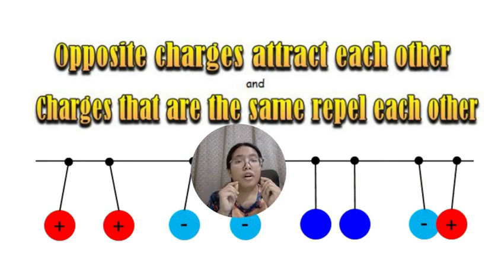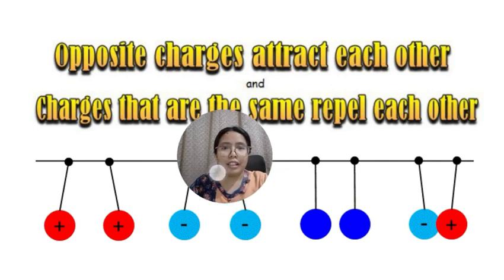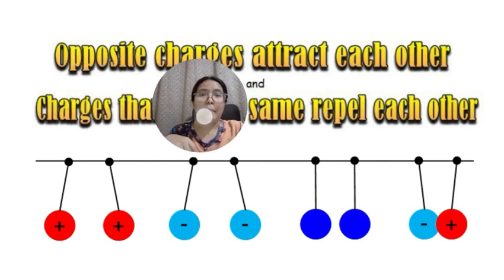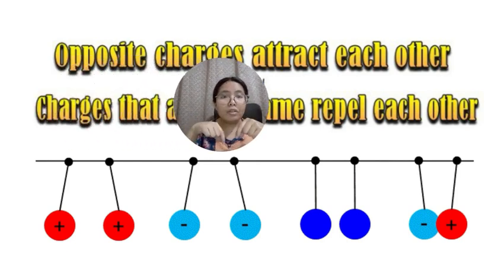Pareho silang north o kaya parehong south dun ng ating magnet. Okay, so let's see this one. Look, pareho silang positive, so lalayo sila. Kasi pareho sila ng charge. Pareho silang negative, naglalayo din sila kasi pareho sila ng charge.